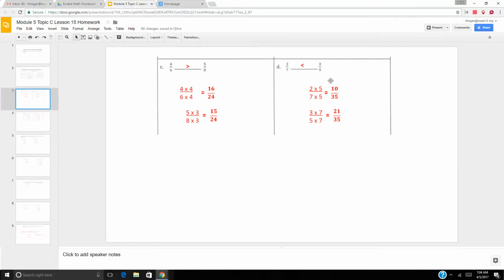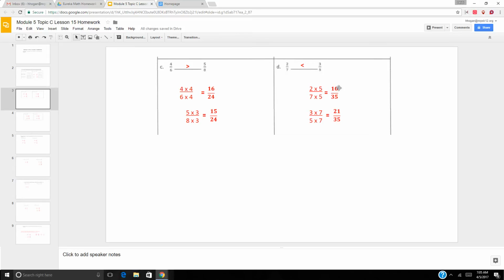We have 2/7 and 3/5. We could make the numerators the same because 2 and 3 both have multiples of 6, but I did the denominators. I'm just sticking with the denominators, but you can certainly do numerators to make it easier for you. So I know that 7 and 5 both have 35 as a common multiple. 7 times 5 is 35.